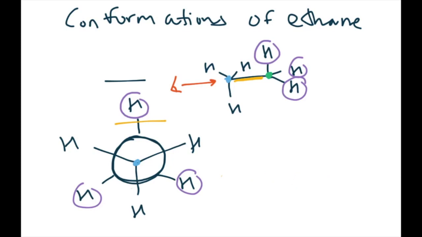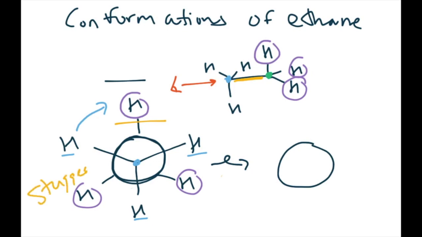The other conformation is, let's say I grabbed this hydrogen here and rotated it. If I grab that hydrogen and twist it, all these other hydrogens are still attached to the same carbon, so they're going to rotate as well. That's where we get the little twisty arrow. Right? This is staggered. This is going to be called eclipsed, because now my hydrogens are on top of each other.